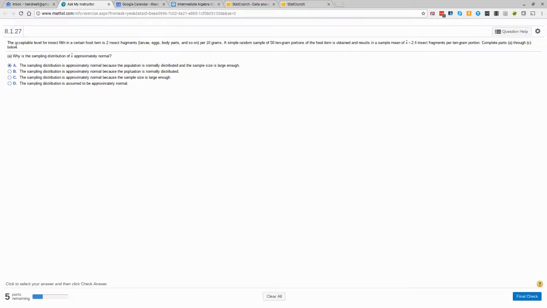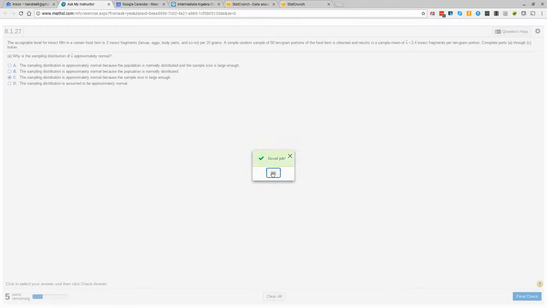And our book tells us if it's 30 or more, then it's large enough for the sample mean to have an approximately normal distribution. So we can choose C. The sampling distribution is approximately normal because the sample size is large enough. If the sample size was 5, then we couldn't assume that. So we got that right.